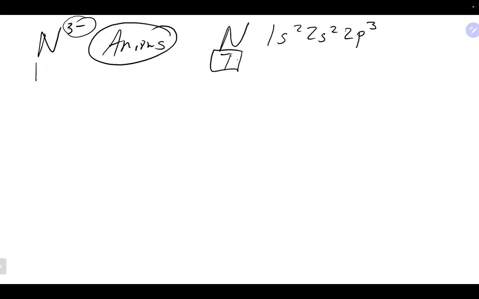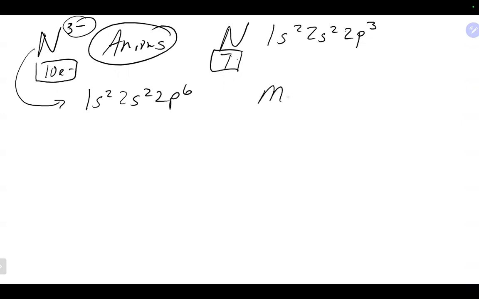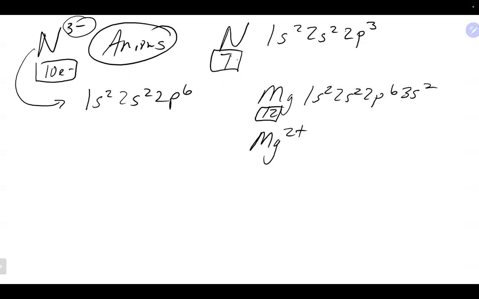-3 means that it gained 3 electrons, giving 10 electrons, which means its configuration would be 1s2, 2s2, 2p6. If we look at magnesium, which has 12 electrons, it would be 1s2, 2s2, 2p6, 3s2. If we have magnesium with a +2 charge, the plus means this is a cation.